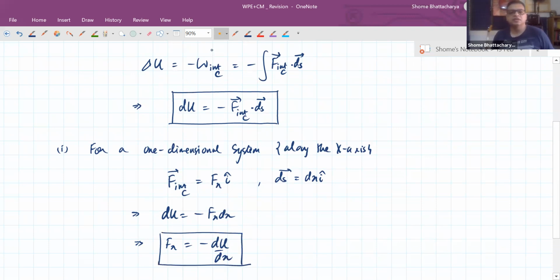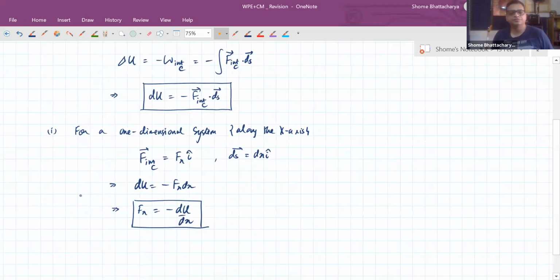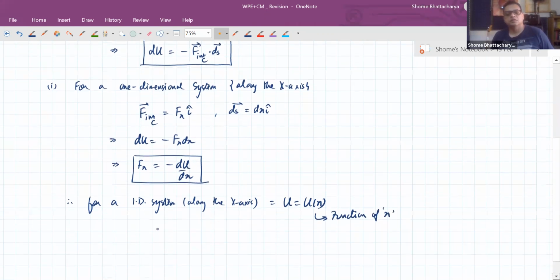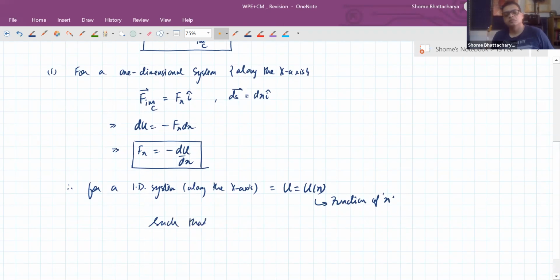This equation tells us that if we are dealing with a one-dimensional system along the x-axis, the potential energy will be a scalar function of x, such that the internal conservative force will be the negative gradient of potential energy.